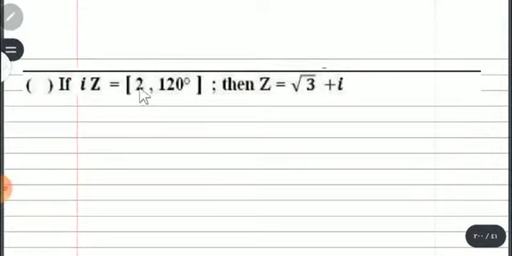If iz equals 2 and the argument, or the theta, is 120, then z equals square root of 3 plus i. So he gives us the given in polar form, and he wants us to find the value of z in algebra form.